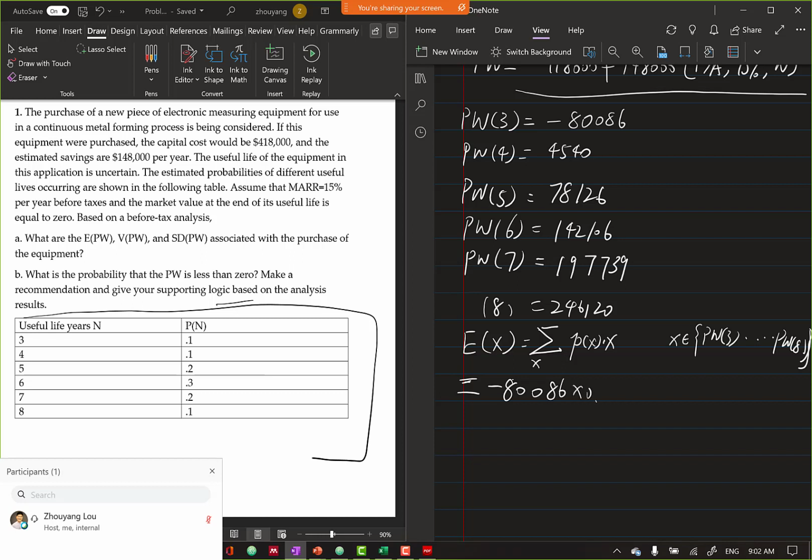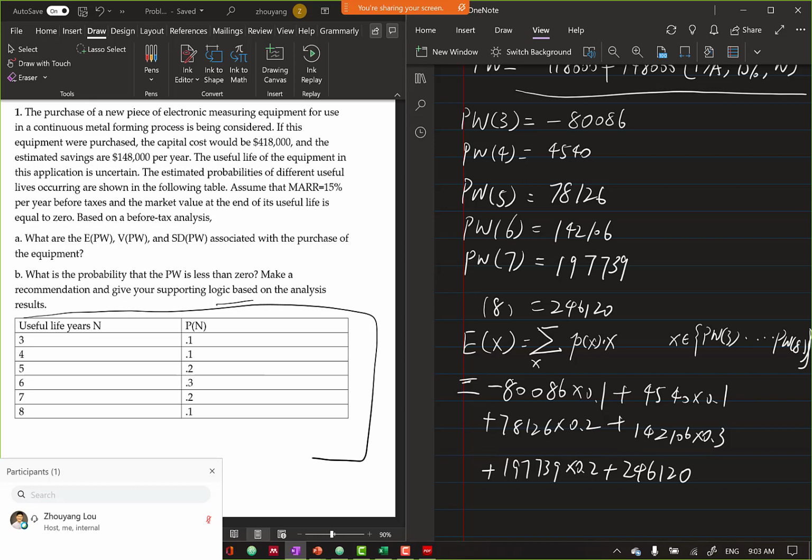So for year 3, that's A00A6 times 0.1 plus 4 years, 4540 times 0.1, and 5 years times 0.2, 6 years times 0.3, 7 years, 0.2, and 8 years, that's 246120 times 0.1.